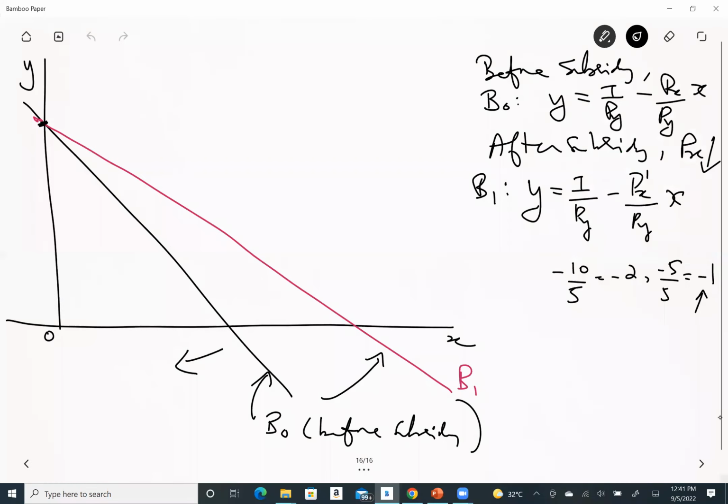So our equilibrium point before the subsidy is on budget line B0. I want to draw it nicely so that, so that is U0. I got here E0. So that will be Y0, X0. After the subsidy, what you get would be somewhere here.